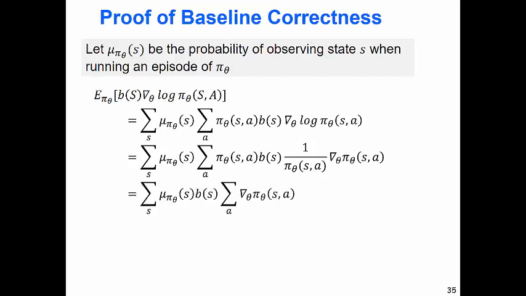That's the chain rule, nothing fancy there. And what's nice is this cancels out, right? The policy cancels out, and you're left with just this. B of S does not depend on the action, so you can move it out. So that's why it's critical to have B of S not depend on the action.